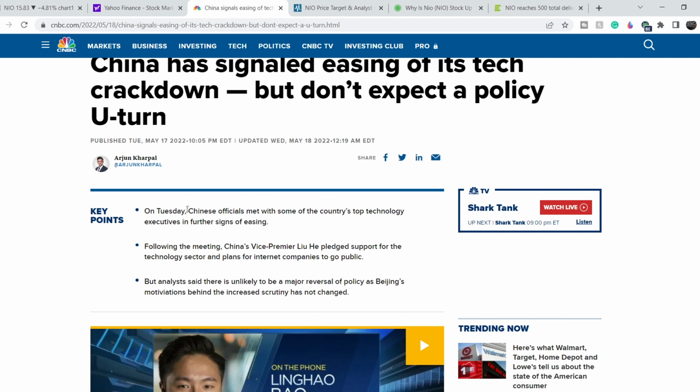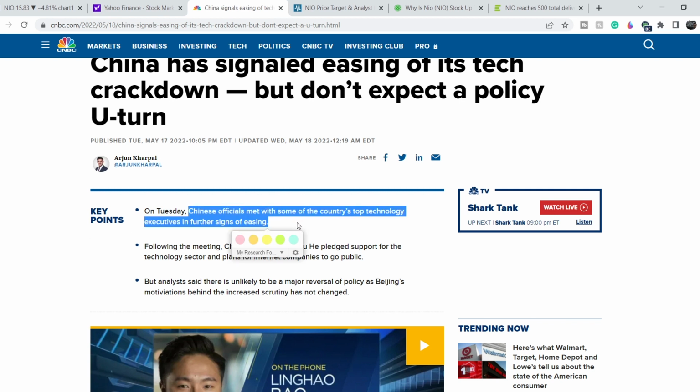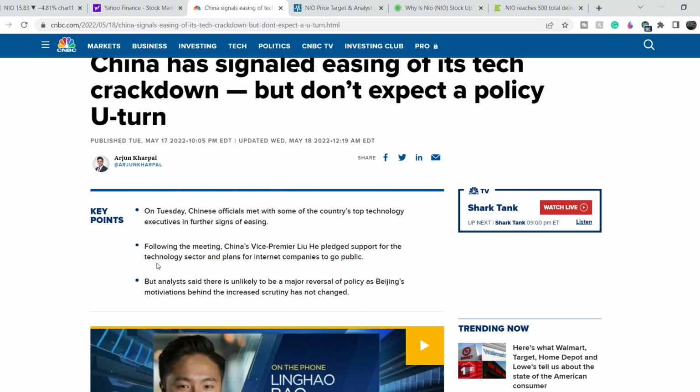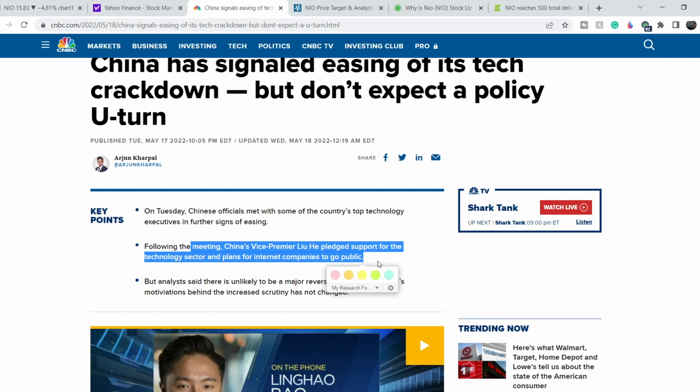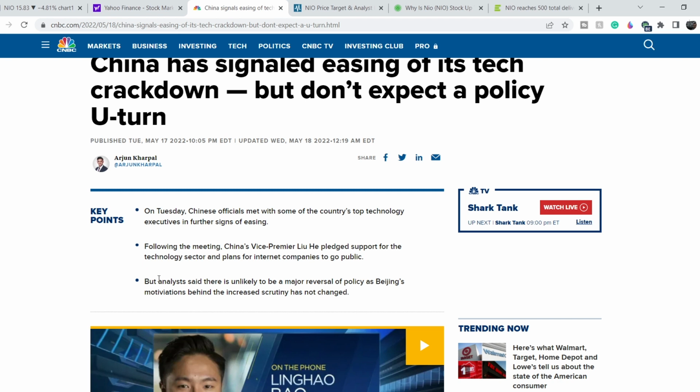On Tuesday, Chinese officials met with some of the country's top technology executives in further signs of easing. Following the meeting, China's Vice Premier Liu He pledged support for the technology sector and plans for internet companies to go public. But analysts said there is unlikely to be a major reversal of policy as Beijing's motivations behind the increased scrutiny have not changed.